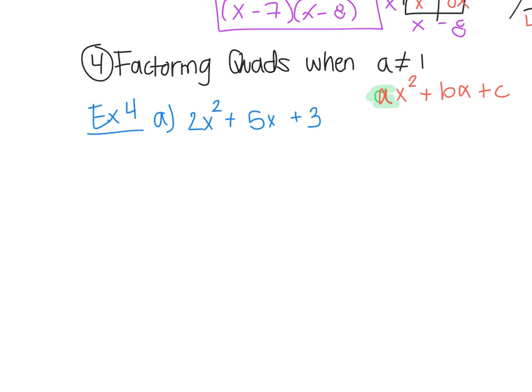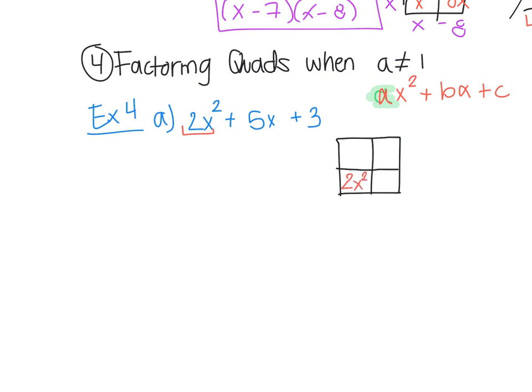The good news is the area model aspect of it, that setup is identical. So these three terms, 2x squared plus 5x plus 3, are still terms that are representing visually some area that we're setting up in an area model. I still put the 2x squared in my bottom left-hand corner.